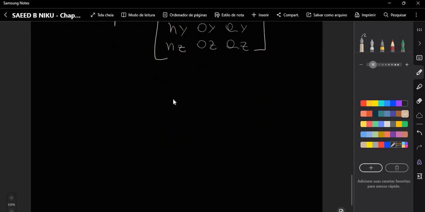Now let me illustrate the representation of a referential on the region of a reference system.